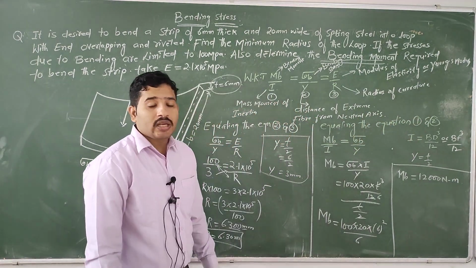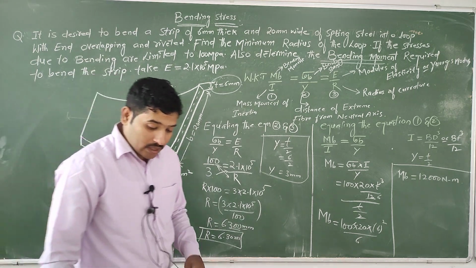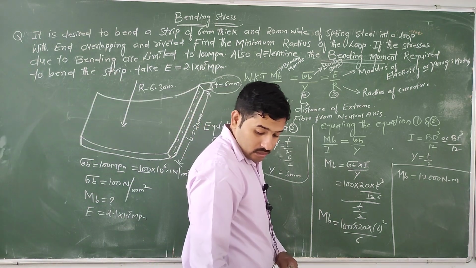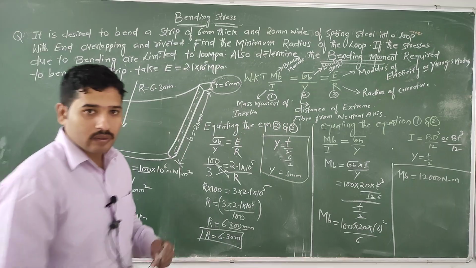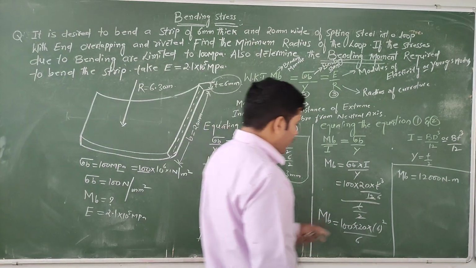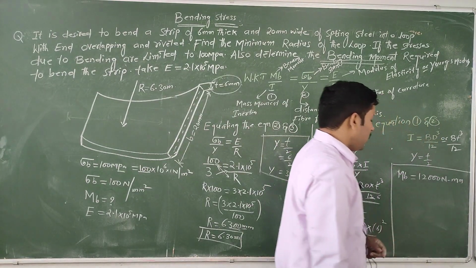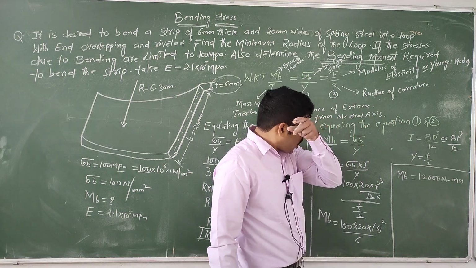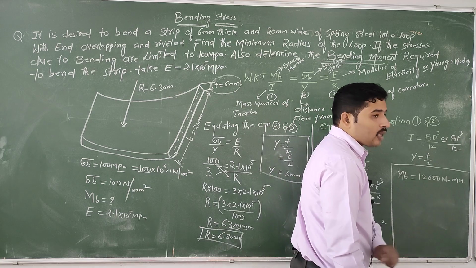But if you want to convert to Newton meter, you need to divide it by 1000.